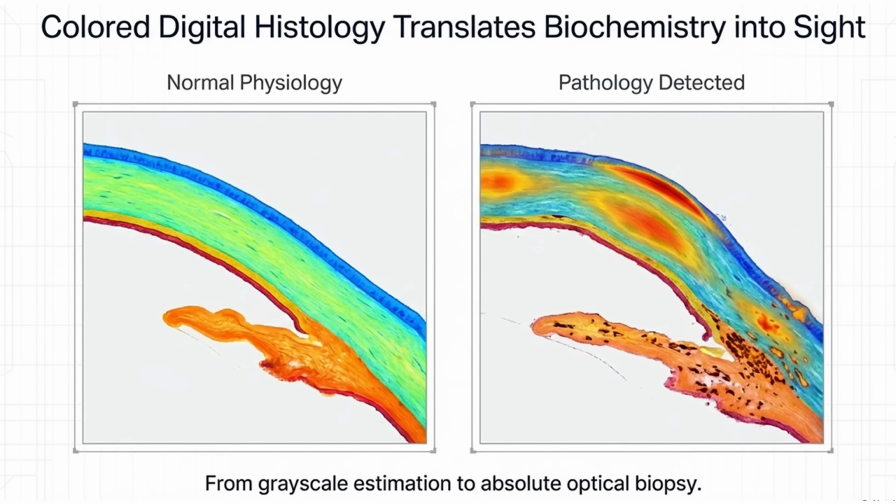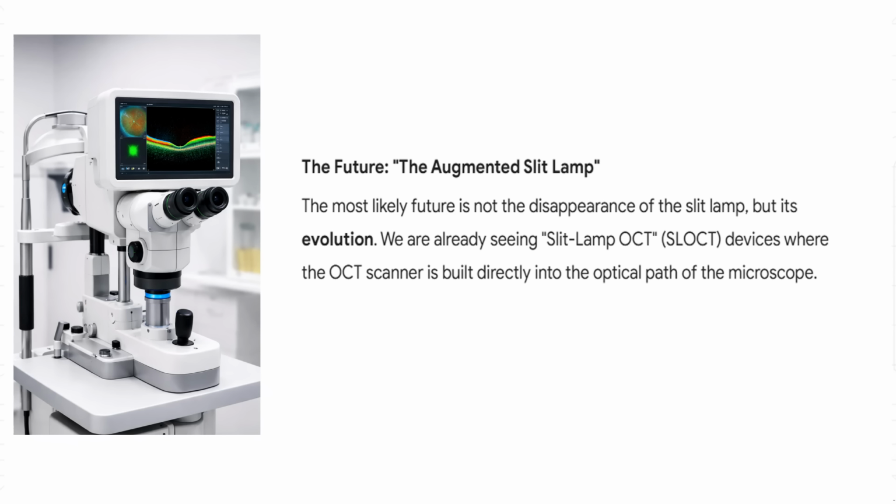Similarly, here is a proposal for what the normal architecture of the cornea would look like using the anterior segment OCT, with colors for the epithelium, stroma, and different layers. And when there is any pathology of the cornea, it will appear like this. So this is a huge evolution in the diagnosis of corneal diseases using the anterior segment OCT.